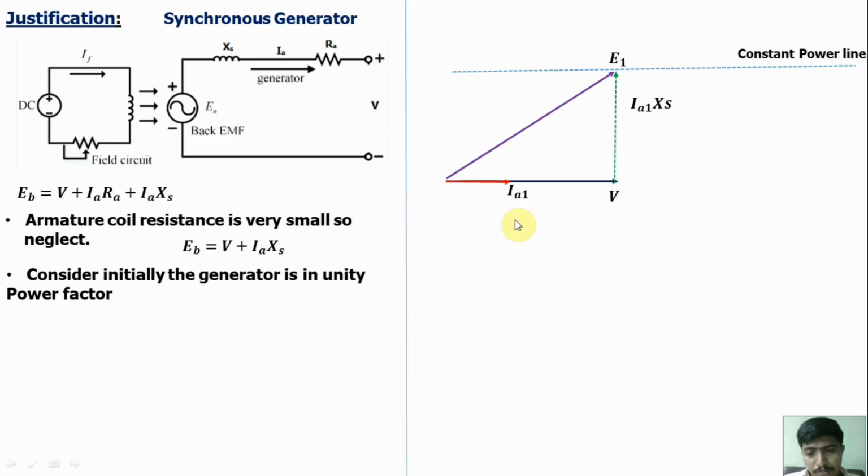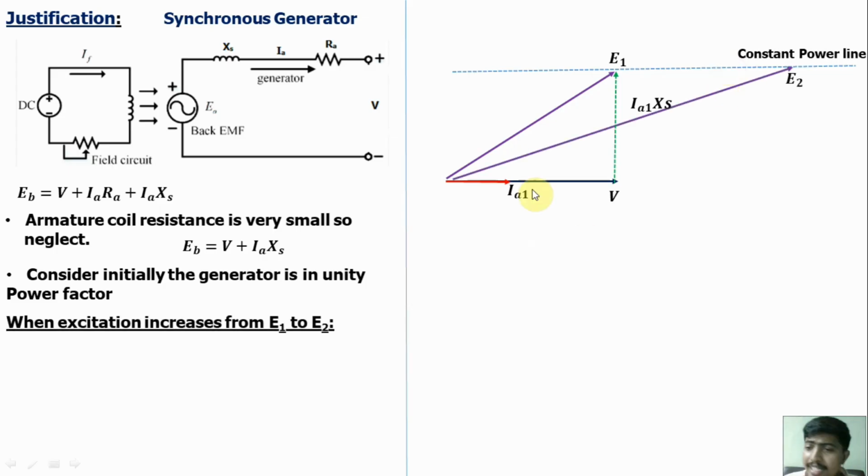Similarly for a synchronous motor. Now when the synchronous generator excitation increases from E1 to E2, what will happen? Here excitation increases, so the E2 length is higher than E1. The drop will be like that, because back EMF is the addition of voltage and this drop.